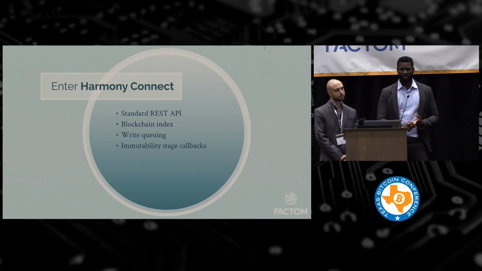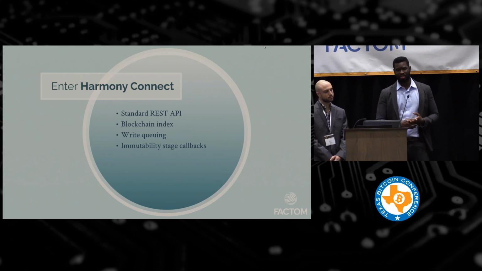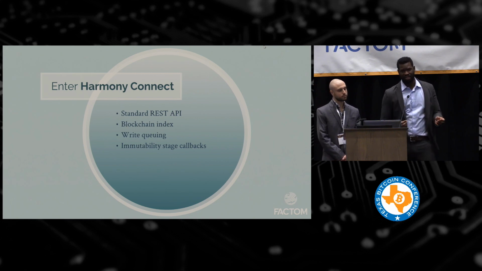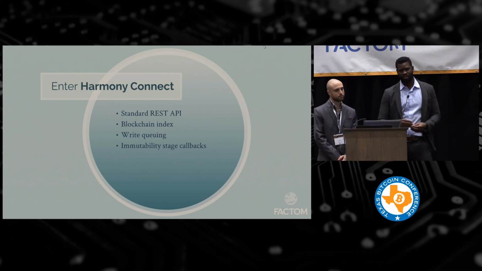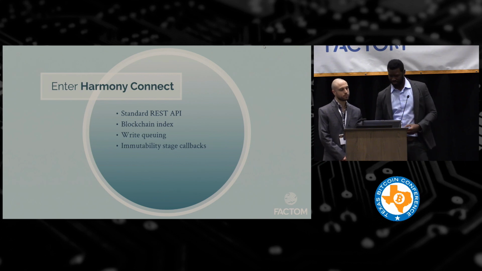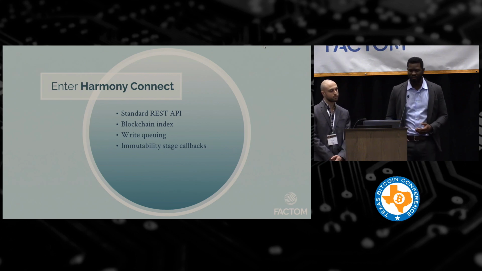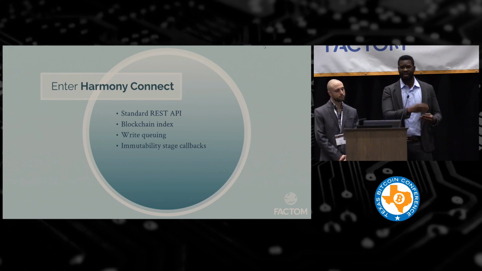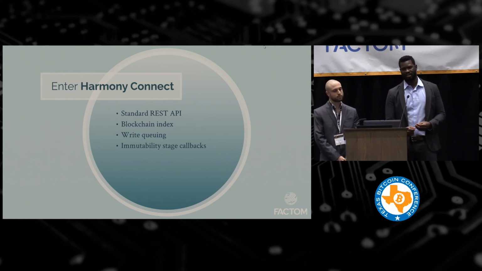You're not having to worry about, again, the issues of trying to step through a blockchain or step through one of the chains of chains to find what you're looking for. You can quickly go straight to it. We also allow for a queuing system. So this allows you to guarantee that your write is going to get through.